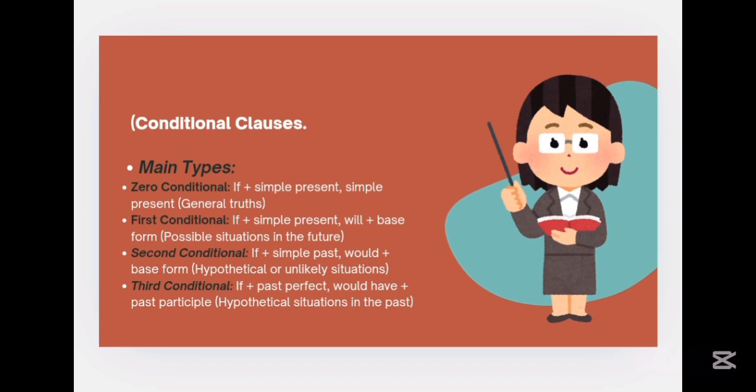The other conditional is the second conditional. The form of the second conditional is if, past simple, and would, could, and might, and the base form of the verb. This conditional is used to express a hypothetical or unlikely situation in the present or future and its probable consequence.